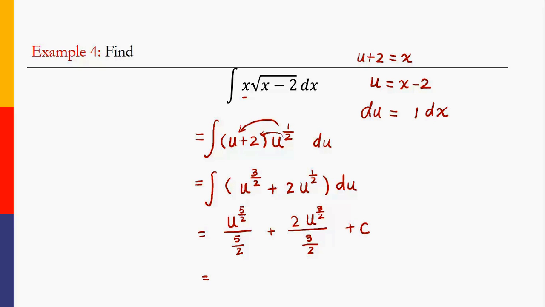Then we can rewrite everything back using the original expression and simplify. We get 2/5 times x minus 2 to the 5/2 power plus 4/3 times x minus 2 to the 3/2 power plus c.